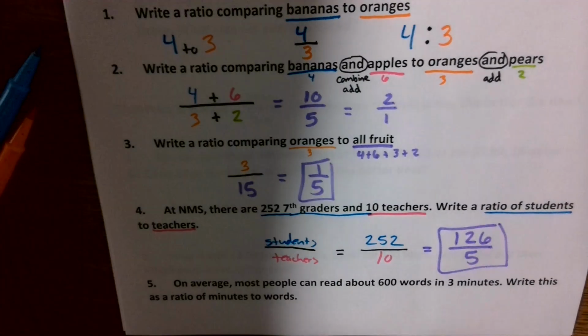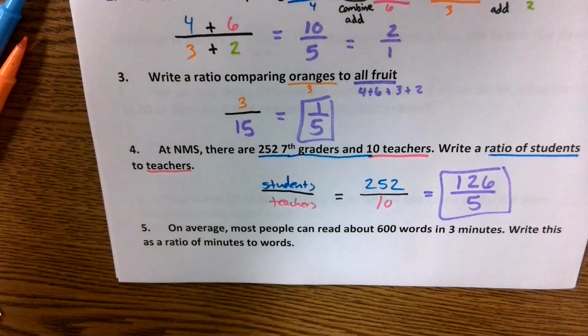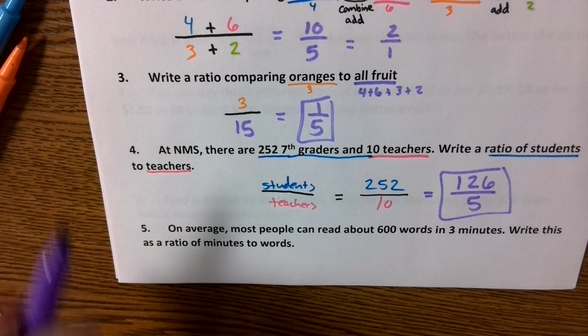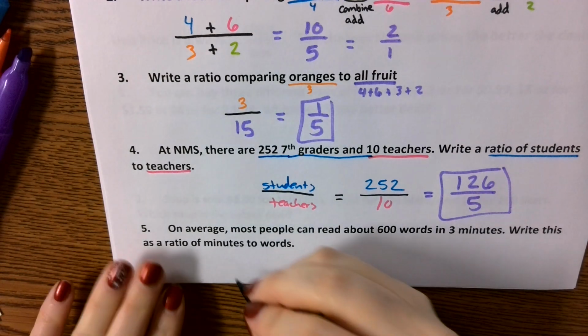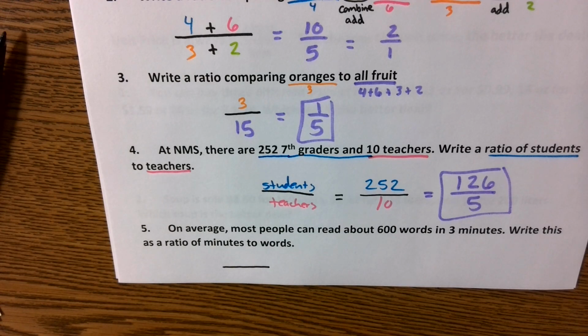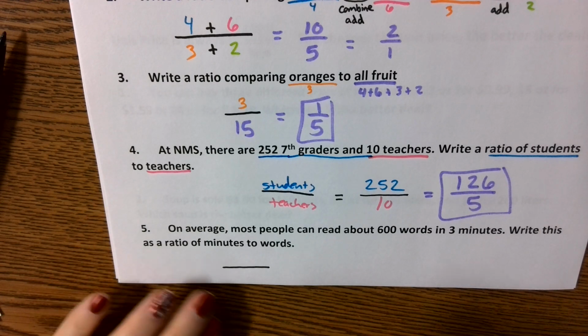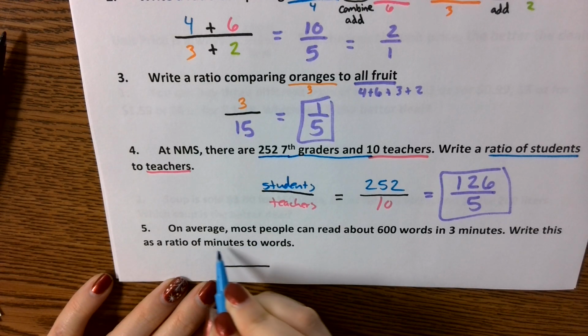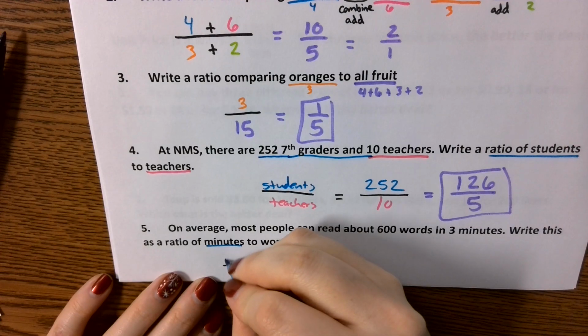All right, number 5. On average, most people can read about 600 words in 3 minutes. We want to write the ratio of minutes to words. So what unit, don't tell me the number, but what unit is going to go on top? Mason? Minutes, right? It says it right here. The ratio is minutes to words. Minutes is going to go on the top.